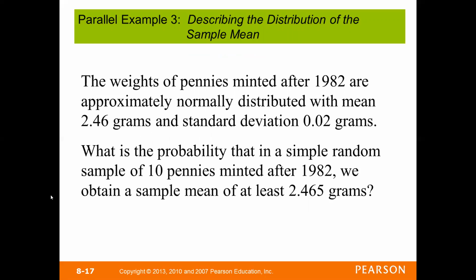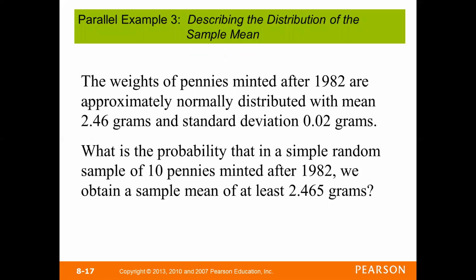If we look at the weights of pennies minted after 1982, it's approximately normally distributed. I want to know the probability that in a simple random sample of 10 pennies minted after 1982, we obtain a sample mean of at least 2.465 grams.